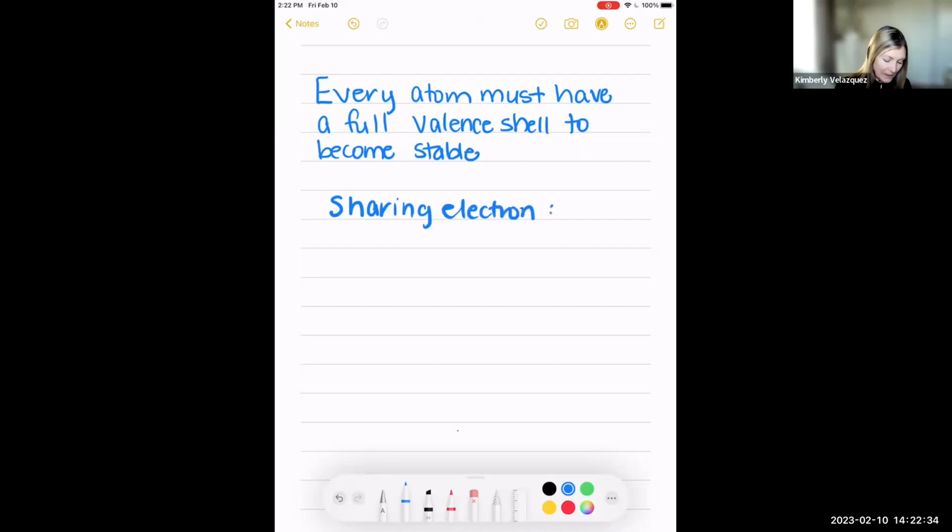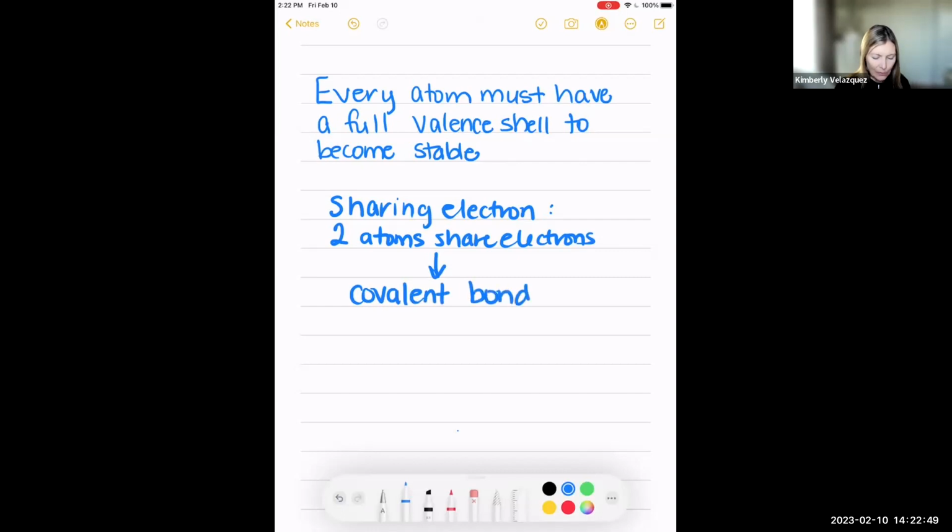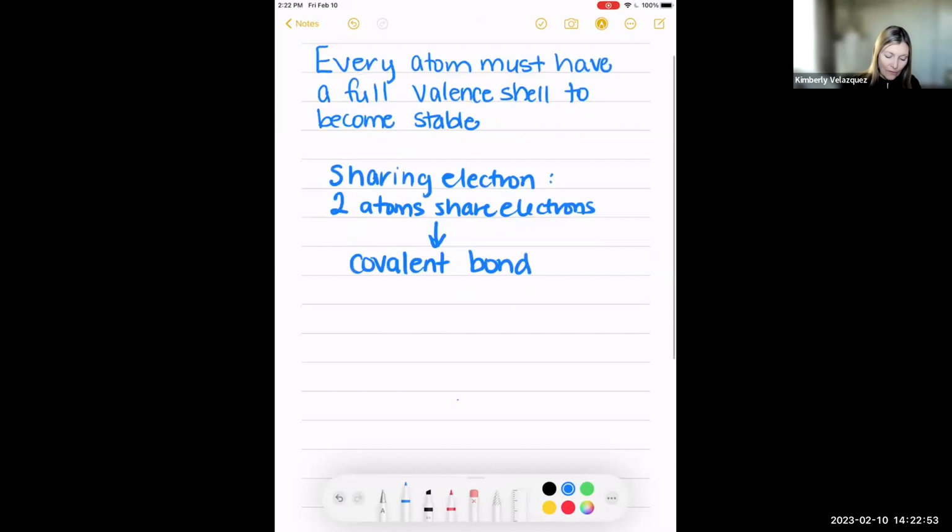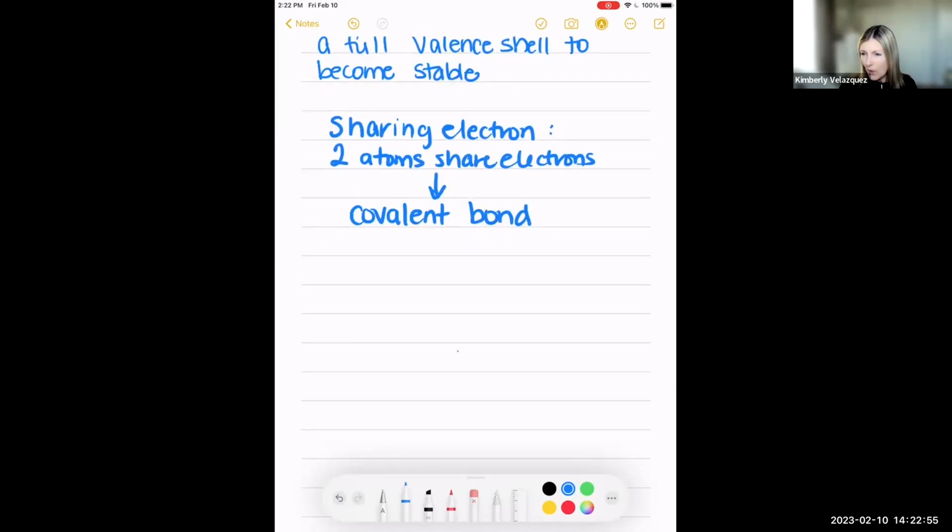When 2 atoms share electrons, they form what's called a covalent bond. This is the first of 3 types of chemical bond that we're going to talk about. Covalent bonds involve 2 atoms sharing electrons.